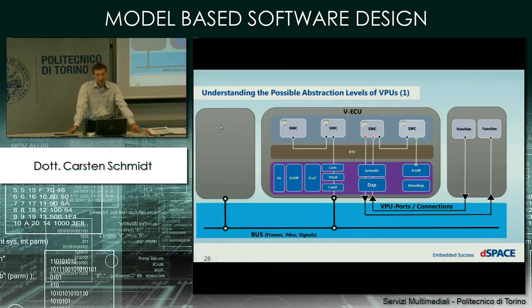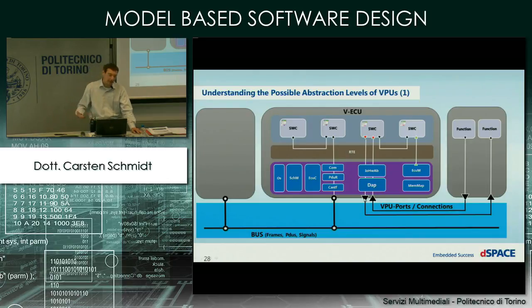And the last level of communication you can see here. So there is an abstraction called Virtual Processing Unit Port. And this VPU port, in some respect, corresponds to a kind of I/O port of a real ECU. So for example, you have a sensor, and then you have a wire connection from the sensor to the ECU.